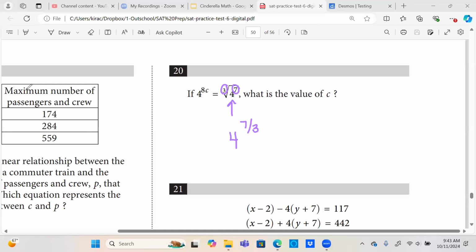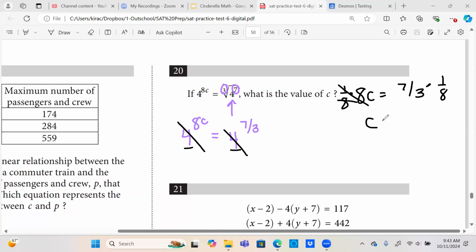That's just a rule. And that now equals 4 to the 8c. Since the base is the same, you can just ignore that and have 8c is 7/3. I'm going to multiply by the reciprocal, which is 1/8, and that gives 7/24. That does not reduce. That's just good old algebra 2 right there.